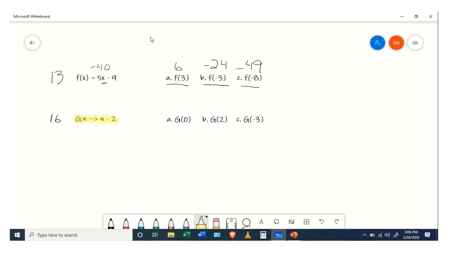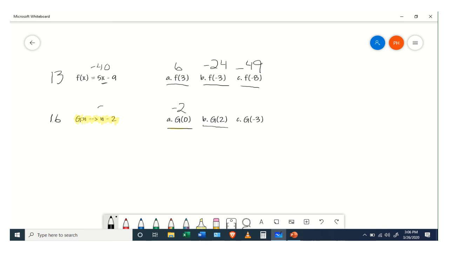So let's take a look at our options. So here's A. G of 0. So 0 minus 2 leaves us simply with negative 2. All right. Next one, G of 2. 2 minus 2.